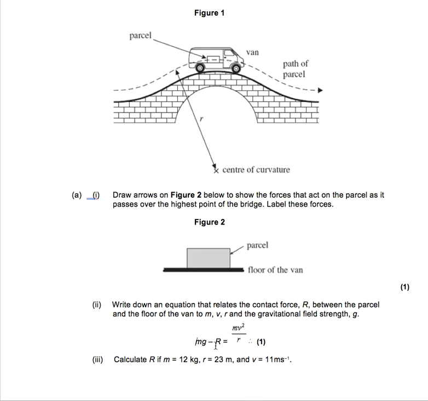The maximum centripetal force is when the reaction falls to zero. You've got mg down, you've got R up, you can see that from your diagram. And so it is mg minus R equals mv squared over r.